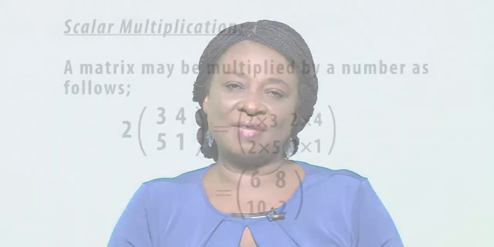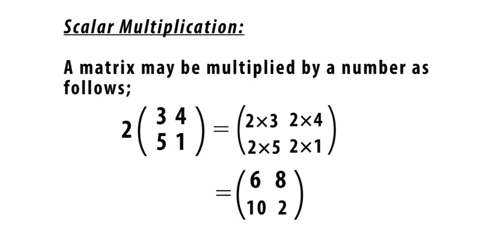When we simplify that, it gives us 6, 8, 10, 2. Here, the number 2 is called a scalar. To multiply a matrix by a scalar, simply multiply each element or entry by the scalar or the number.